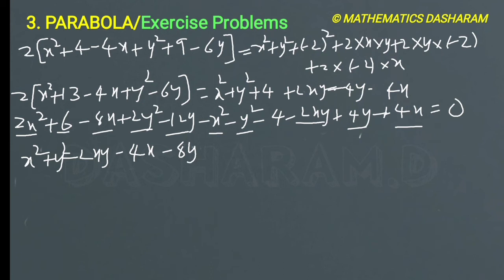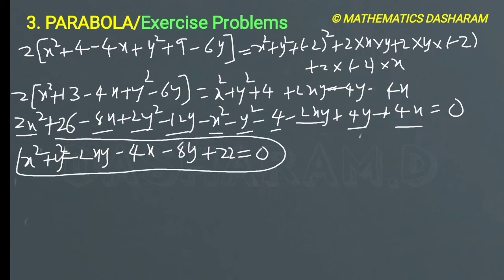Sorry, here 13 twos are 26, but I wrote 6, it is 26. Now 26 minus 4 is 22. So x square plus y square minus 2xy minus 4x minus 8y plus 22 equals 0 is our required answer.